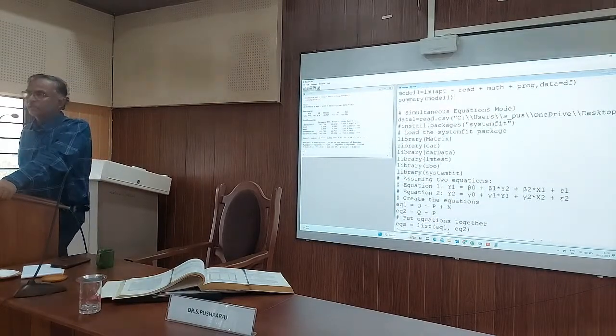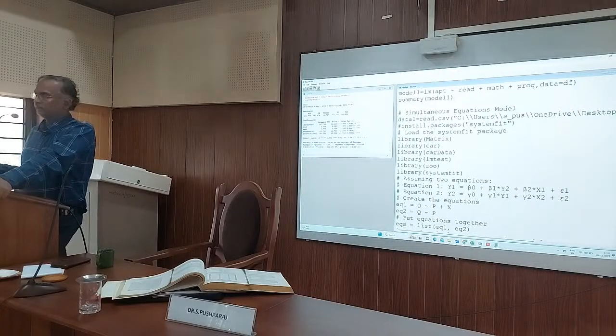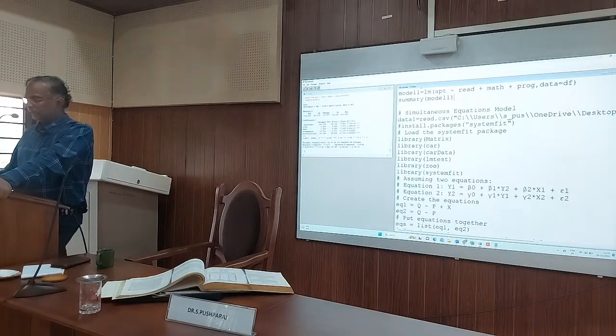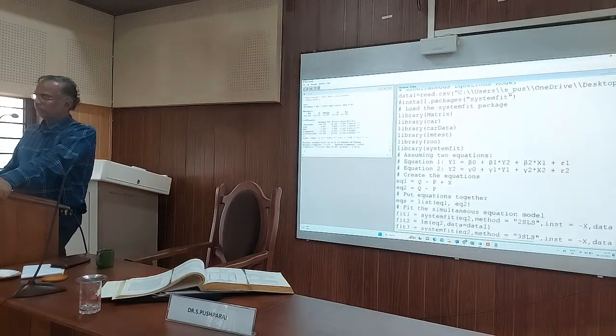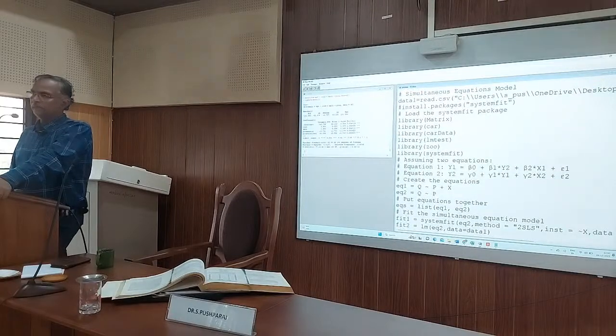The estimation of 2SLS and 3SLS is available in the function systemfit. Systemfit is the function, and this function is available in the package systemfit. So systemfit is the package name and the function name.